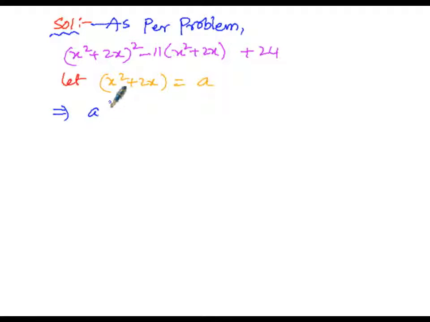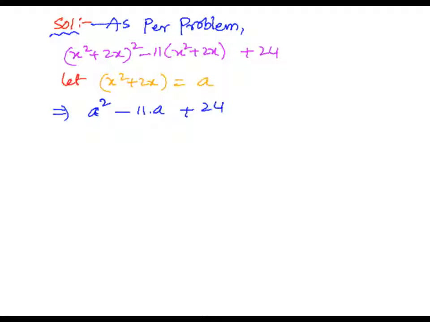So replacing x square plus 2x by a, it is a square minus 11 into a, and plus 24 written as it is.